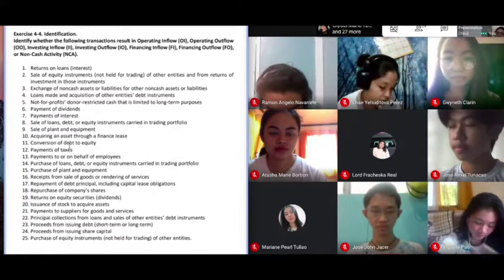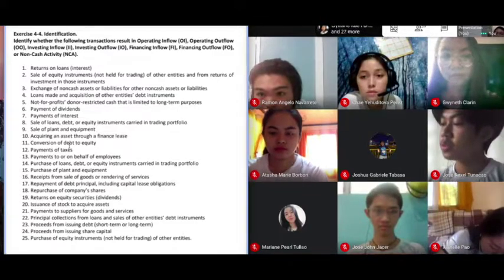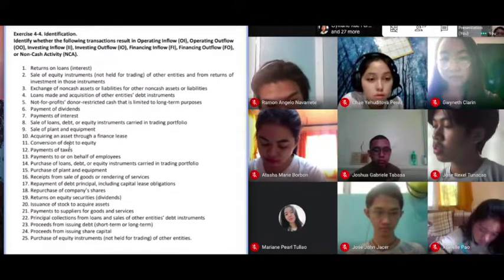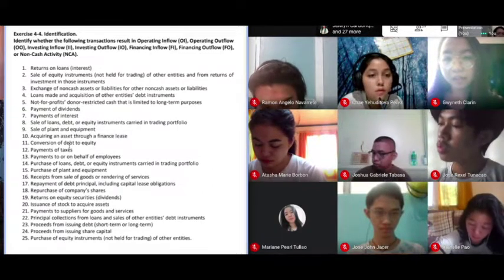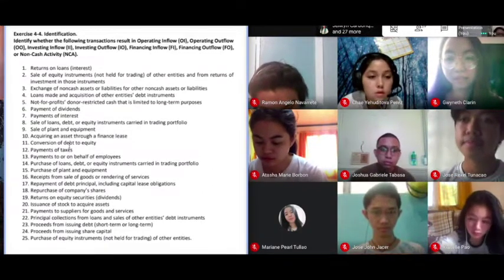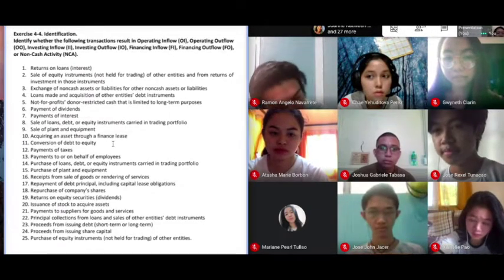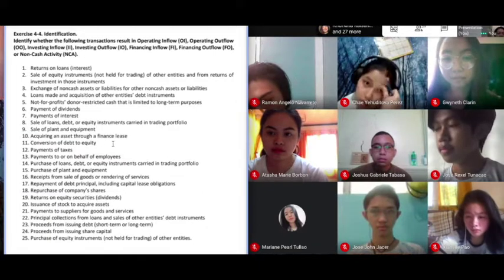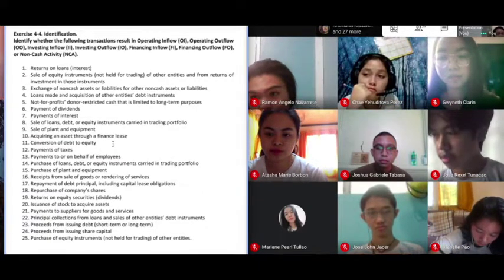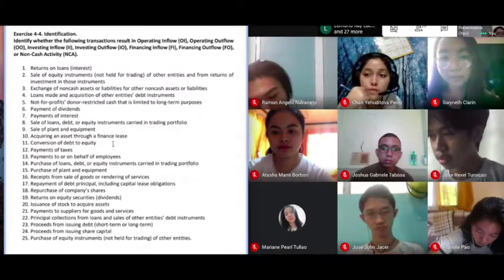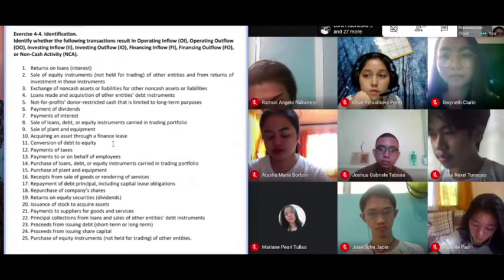Plus, I hope you'll notice, class, by number 2 and number 25, there's open and close parentheses. They're not held for trading. Can you see that one, class? What's the significance? If it is held for trading, then that means it is now part of your operating activities. If it's part of your trading activities, then it is part of your primary or principal business activities.